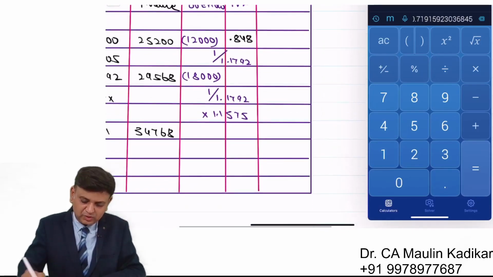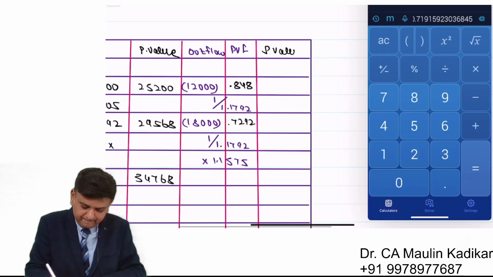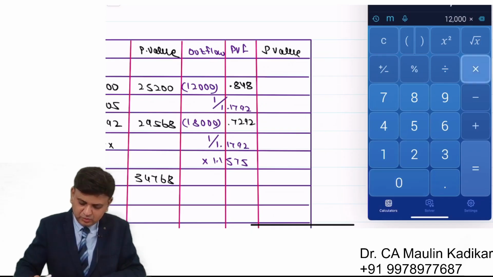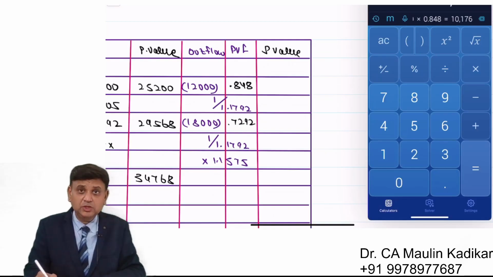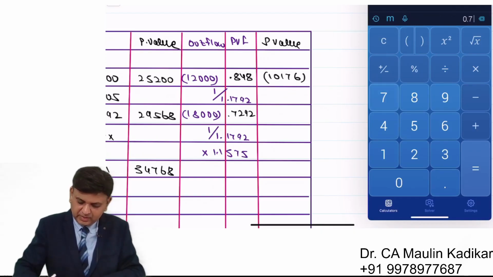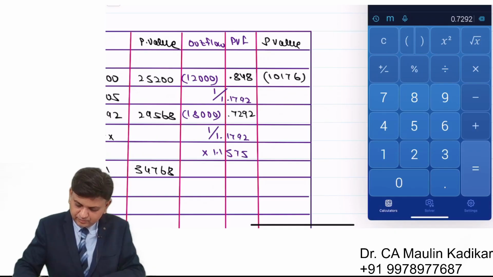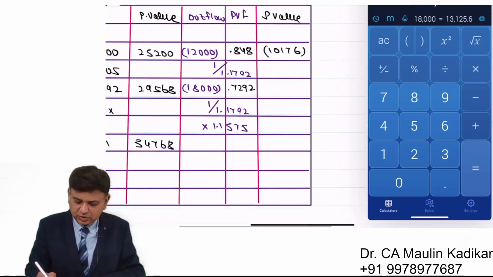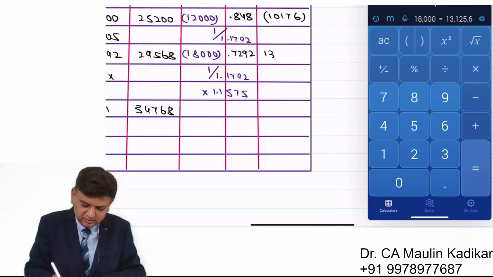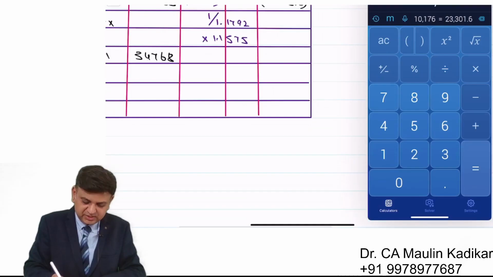Second year it is 0.7292. Again present value: 12,000 into 0.8480, so 10,176. 0.7292 into 18,000, so it is 13,125.6, plus 10,176, 23,301.6.